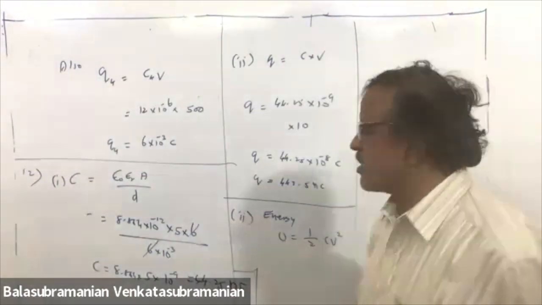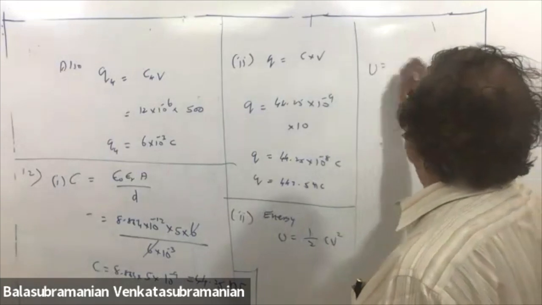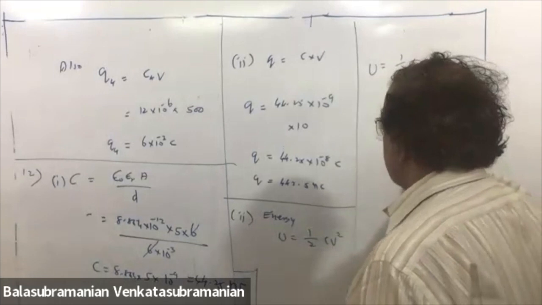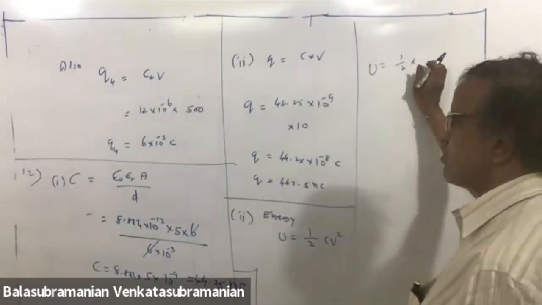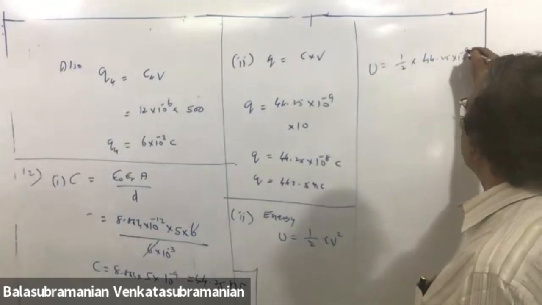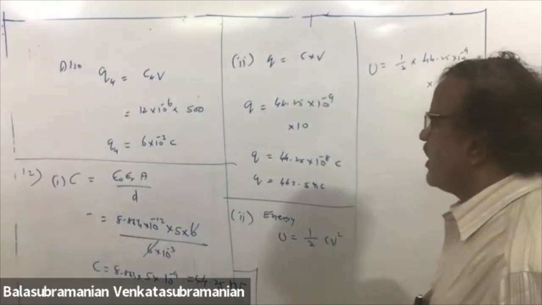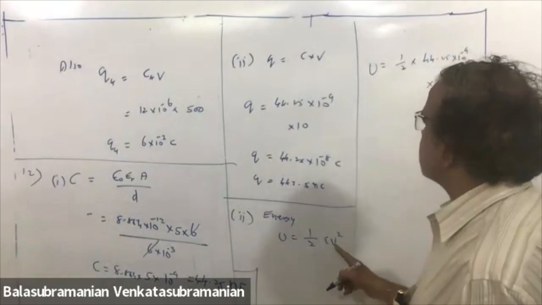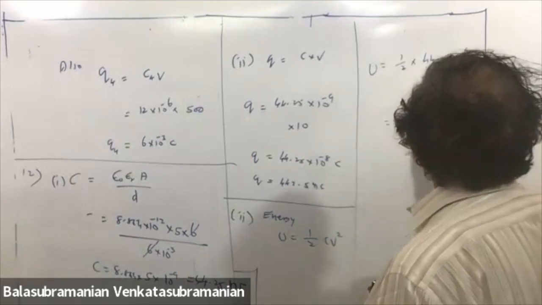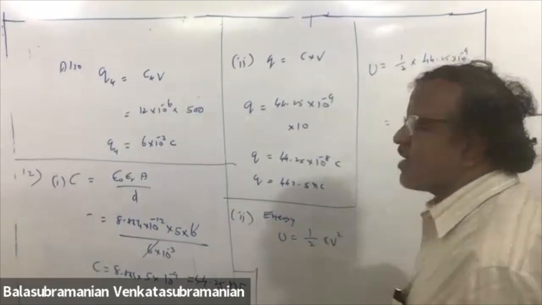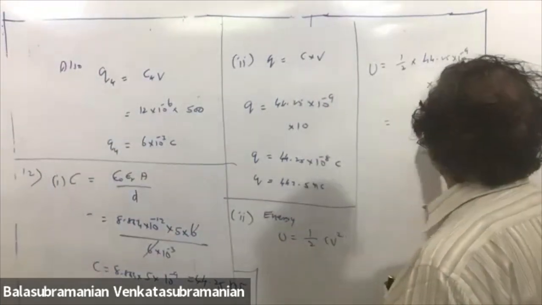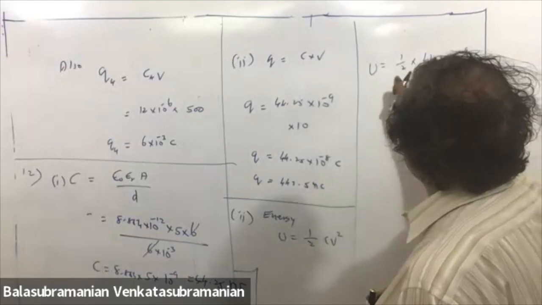So U is equal to half C. What is the C value? 44.25 into 10 power minus 9 into V potential, 10 volts, so it will become 100. 100 will go as 10 power minus 2. So minus 9 minus 2 is minus 11. 44.25 by 2.